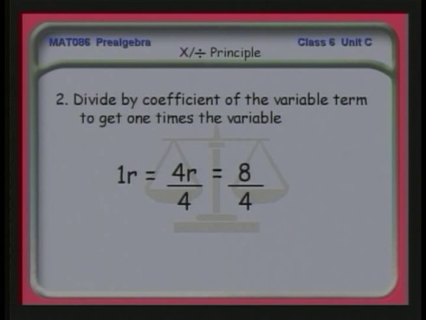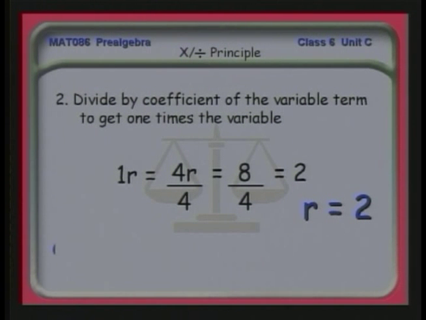When I do, I get 1r on the left, 4 divided by 4 is 1, is equal to 8 divided by 4, or 2, on the right. My solution is r equals 2.